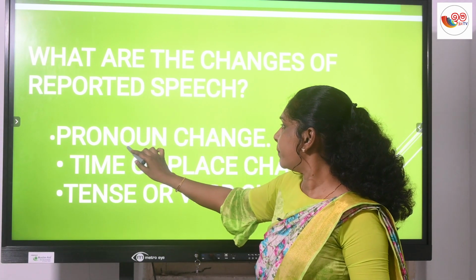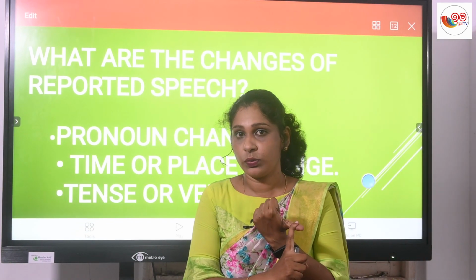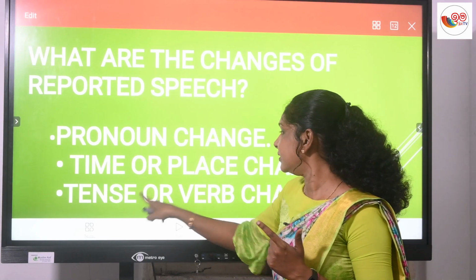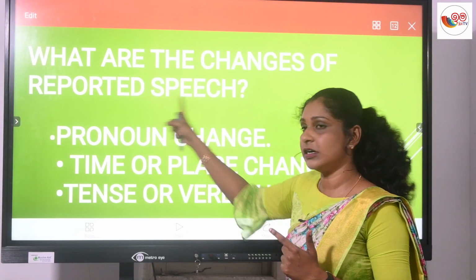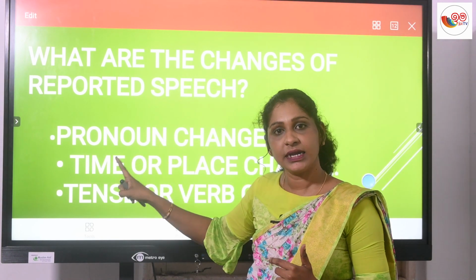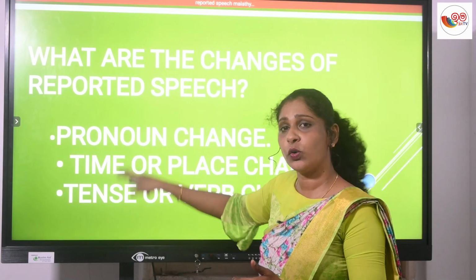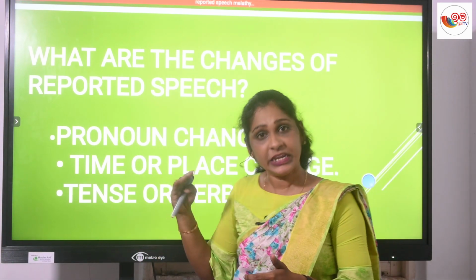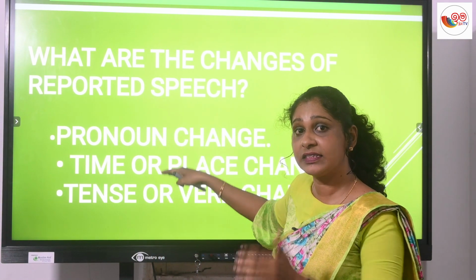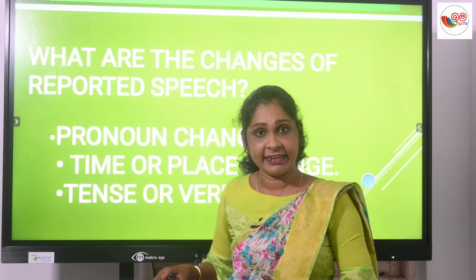One is pronoun change. We have to change the pronoun. Second one, time or place change. Third one, tense or verb change. Sometimes you have to change 2, or sometimes you have to change all 3. But anyways, you have to focus these changes when you do direct into indirect.